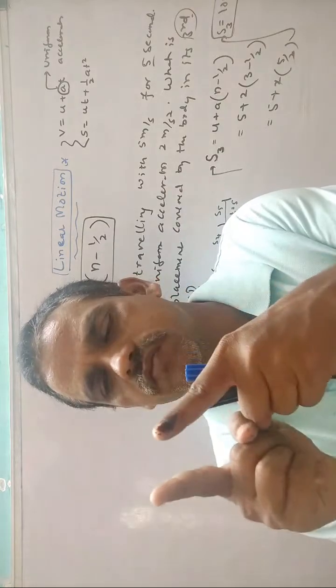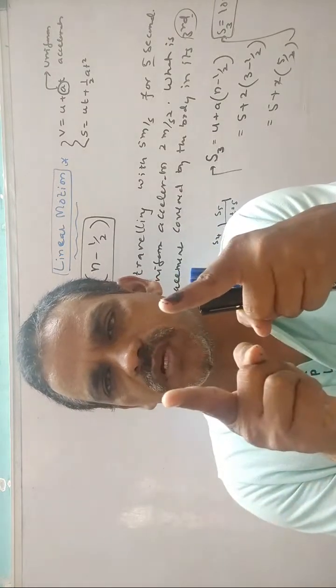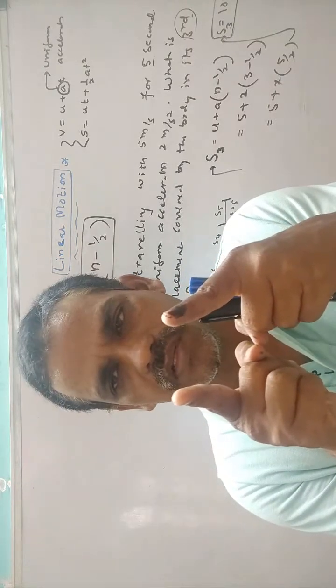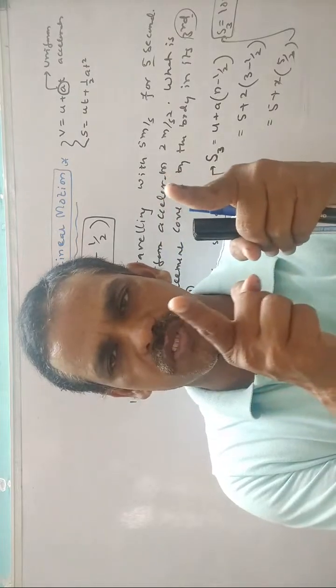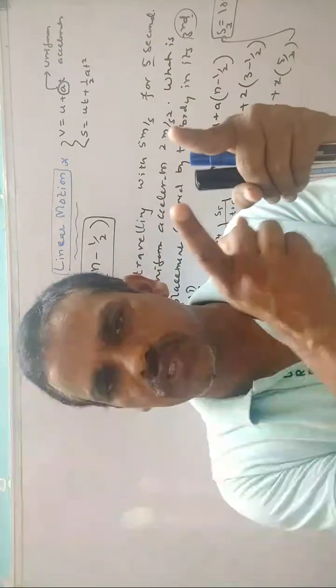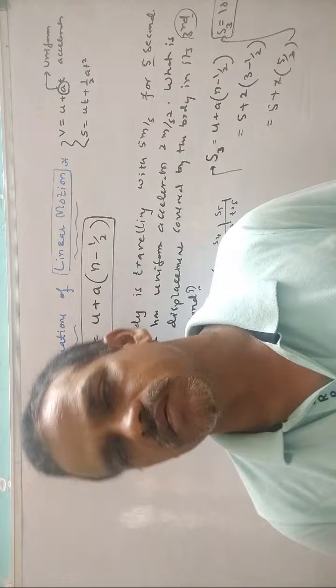In the first second, the displacement is S1. In the second second, how much the body traveled is S2. In the third second, the distance covered is S3. In the fourth second, S4. And the displacement covered in the fifth second is S5.